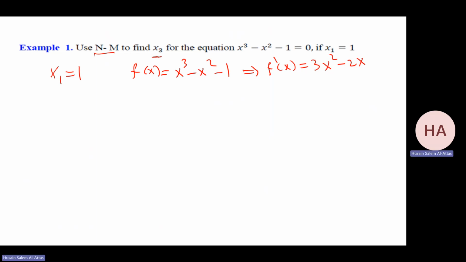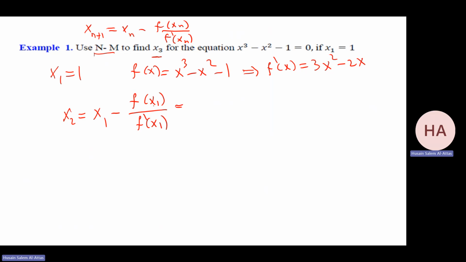Okay. According to the formula, let us write the formula here. xn plus 1 is xn minus f of xn over f prime of xn. So x2 will be x1 minus f of x1 over f prime at x1. That is 1 minus f of 1 over f prime of 1.